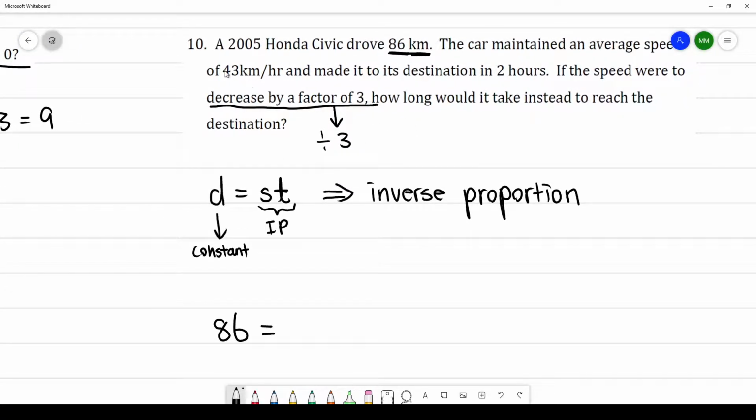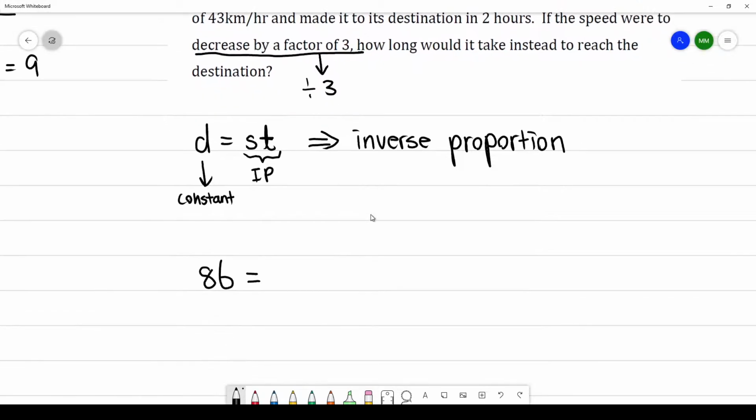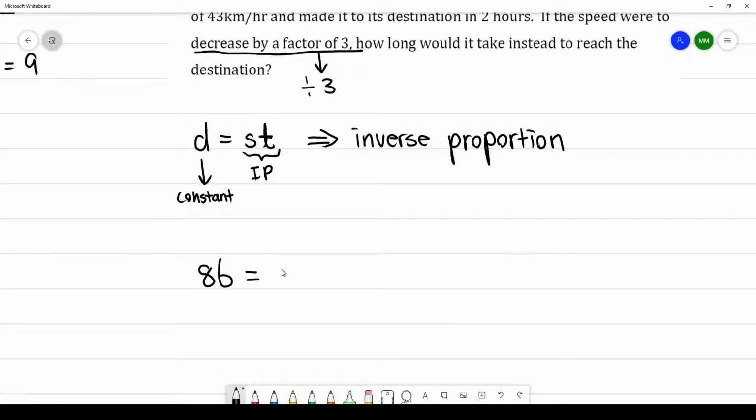Well, originally the speed was 43. Now it's decreased by a factor of 3. That means the speed now becomes 43 divided by 3, right? And then multiply this by the time, because that's essentially what we want to figure out, time.